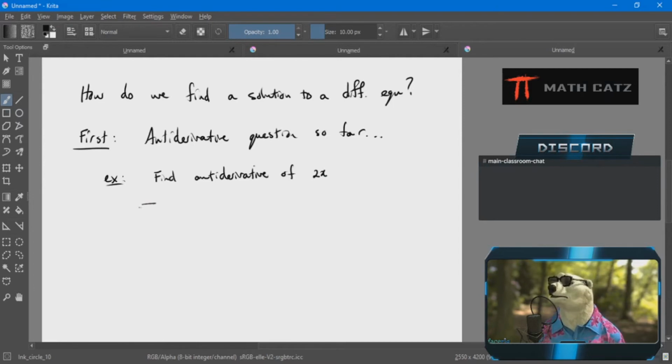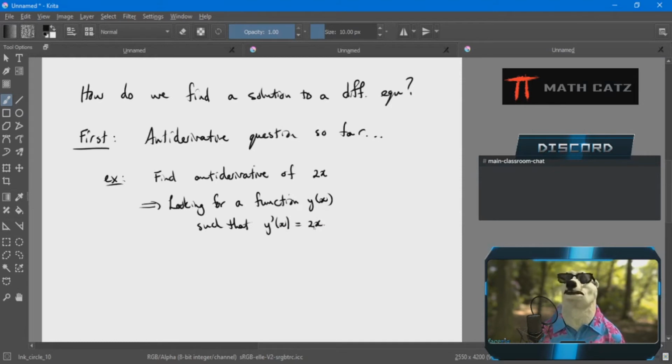That means I'm looking for a function. Let's call it y of x, such that its derivative is 2x. Right? The antiderivative question was the reverse question than the derivative question.